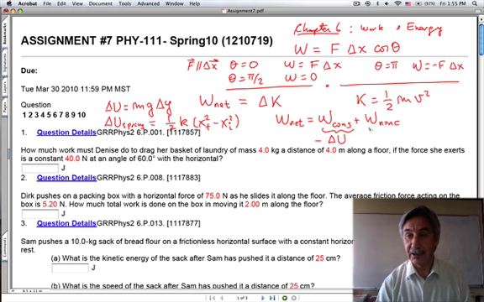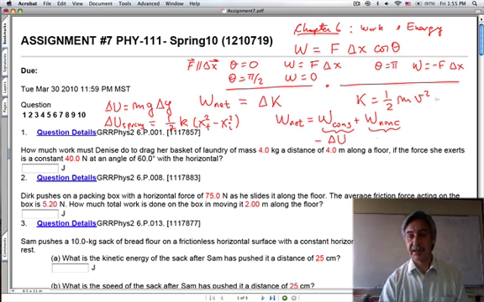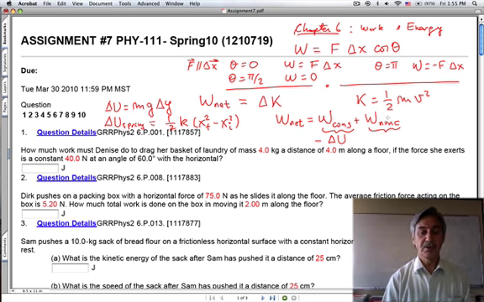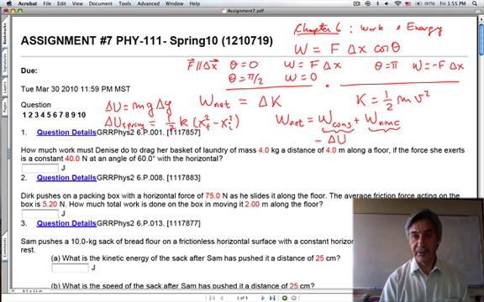The work done by non-conservative forces, in general, here you have friction forces and normal forces and all kinds of forces. So now let's go through the problems.